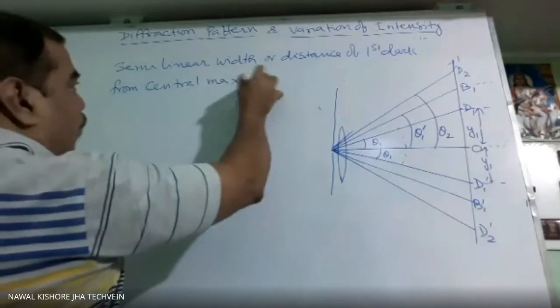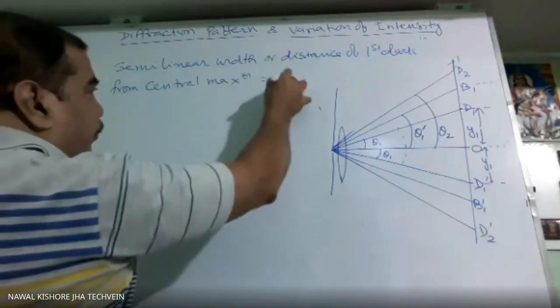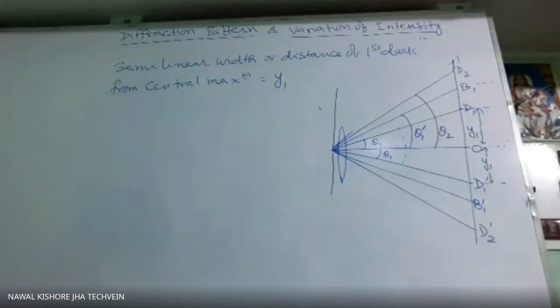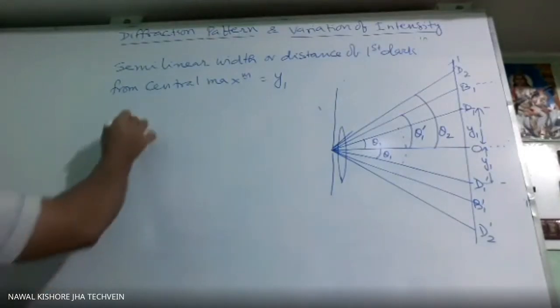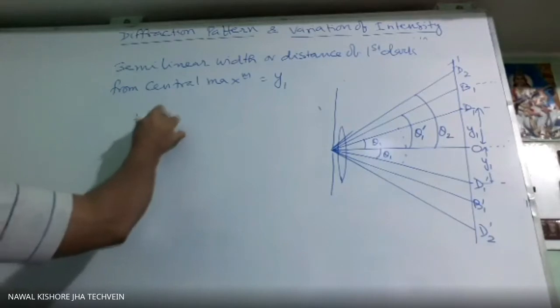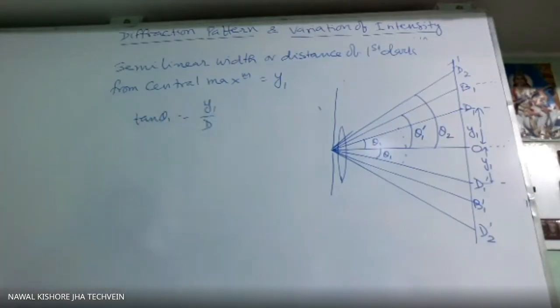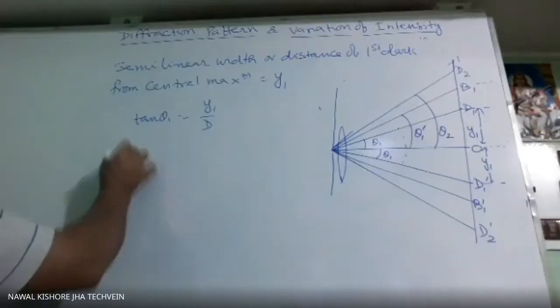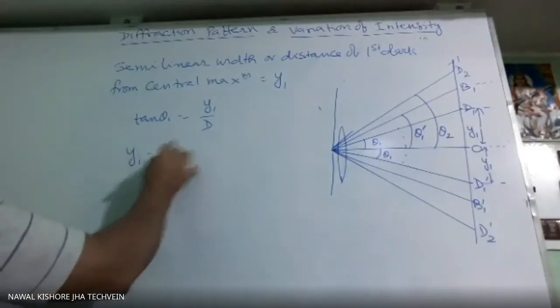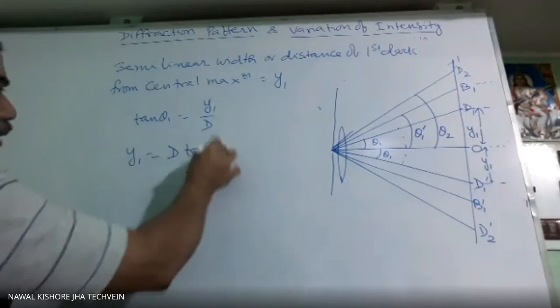This is y1. And how will you find y1? So tan theta 1 is y1 over d. y1 is d tan theta 1.